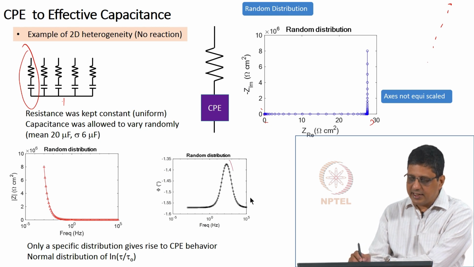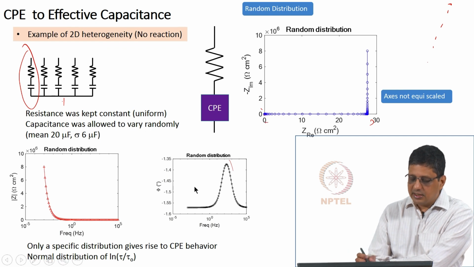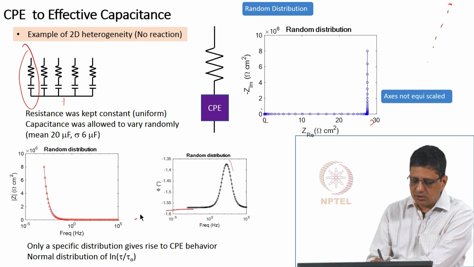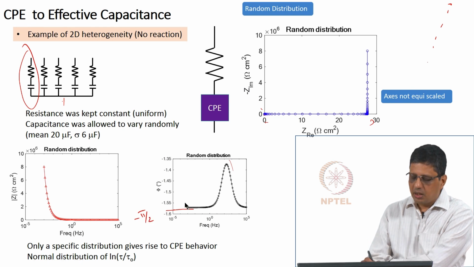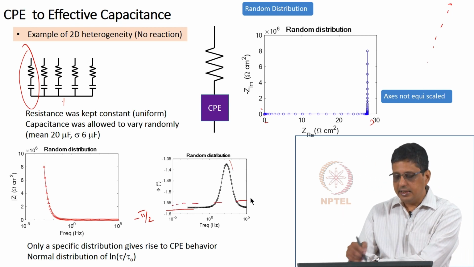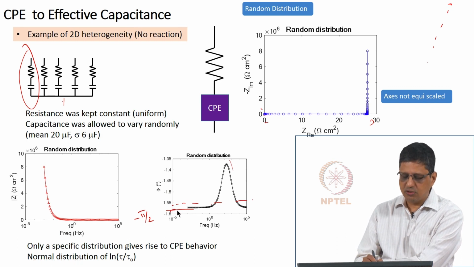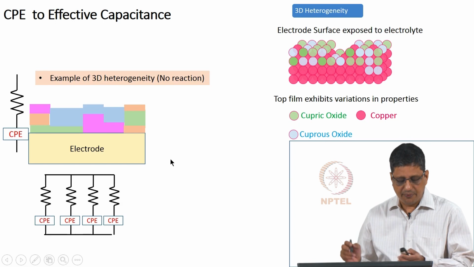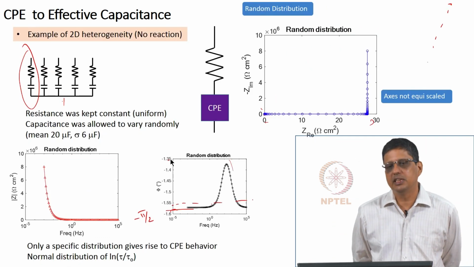If you look at the phase of the spectrum I generated, this is supposed to correspond to minus pi by 2 if it is pure capacitance. If it is CPE, it is going to be a little less than that, but it is going to be flat everywhere. Instead, I get a distribution like this, varying from minus 1.6 to minus 1.35, and that does not give me a CPE behavior.